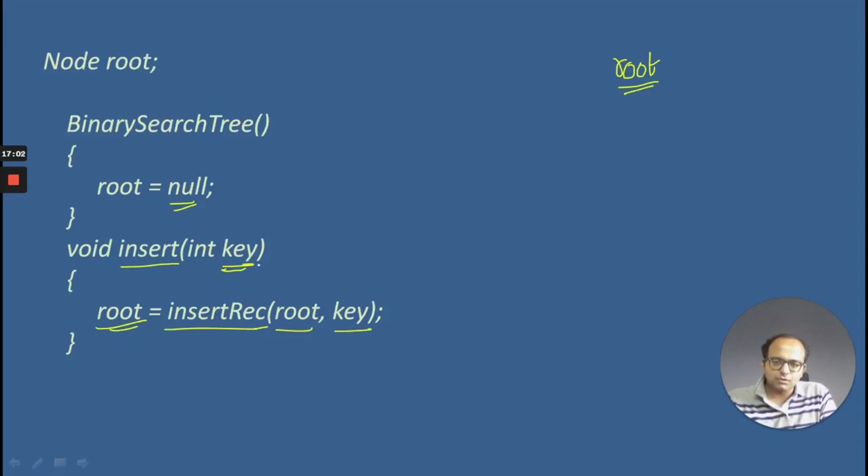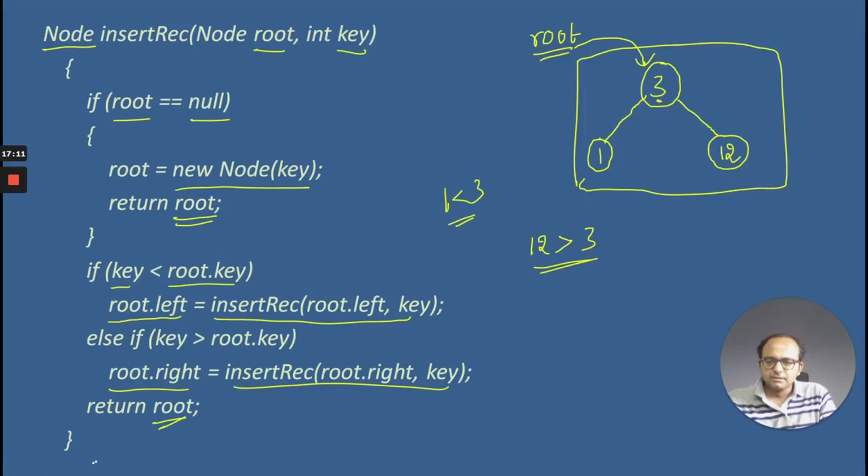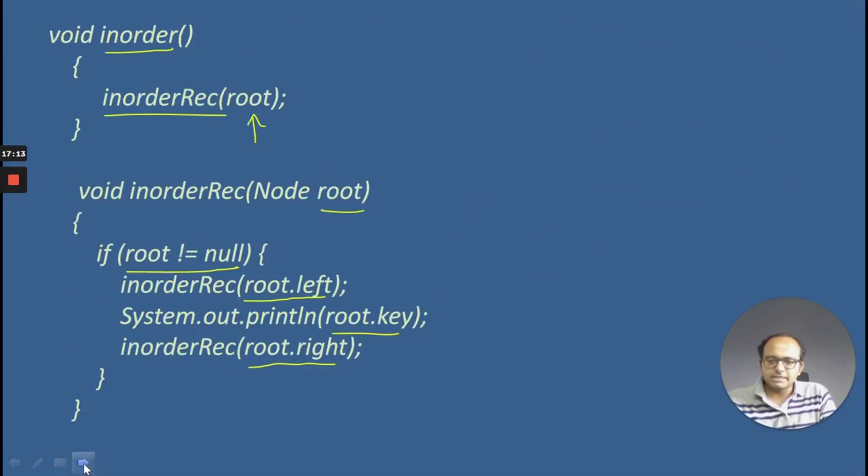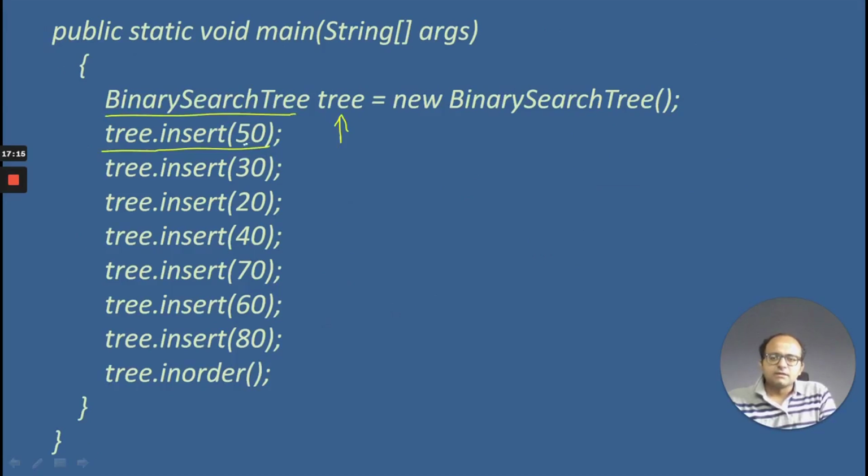The insert function takes only one parameter, that is key, and this key is also given as the second parameter to the insertRec function. So by considering the tree, it is going to insert this value. Initially the tree will be null, so directly 50 will become the root node.